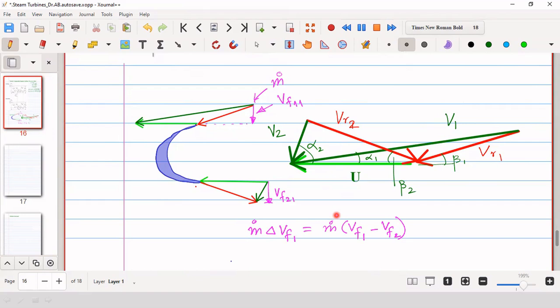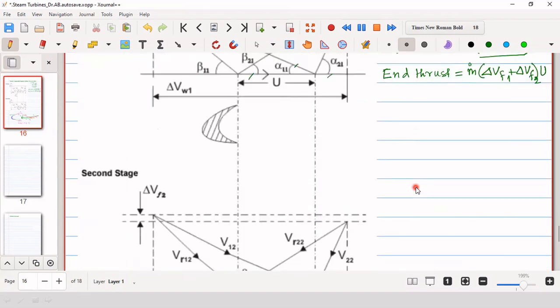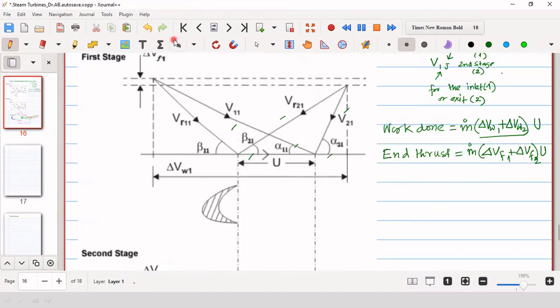Therefore, thrust is equal to that multiplied by, that is the thrust. Sorry, u will not be there here, because that is the force we are trying to calculate. Work done is energy, and this is only the force that we are talking about.